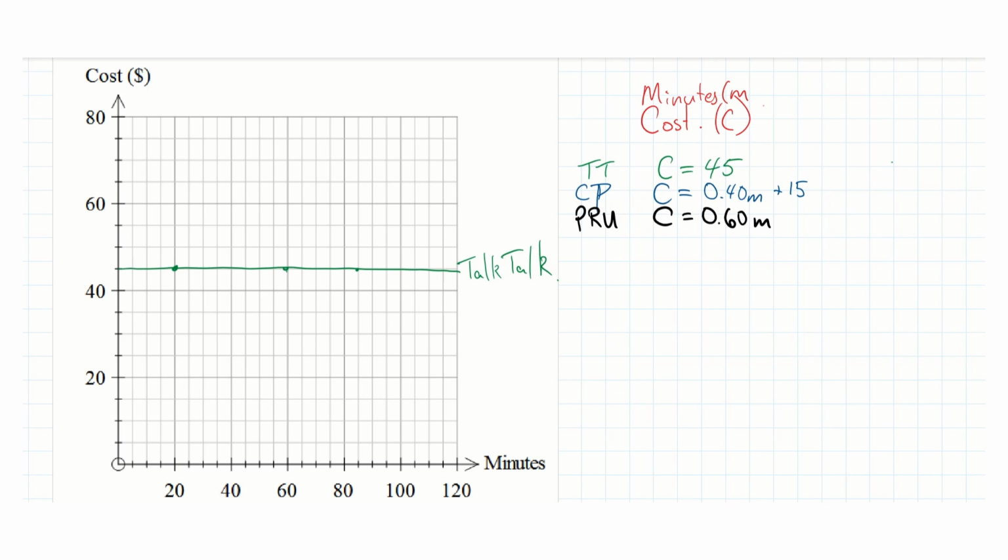The next one, we'll grab a blue line here and we'll start talking about CP. I can't remember what CP stood for, but it doesn't matter. We're just going to use the information that we have. I know that there's a 15 here, so I know that it crosses my y-axis at 15. And then it goes up. Our gradient is 0.4.